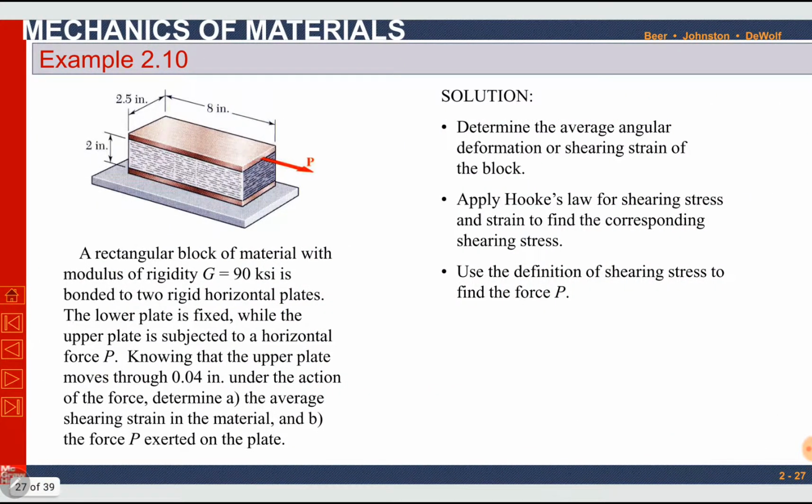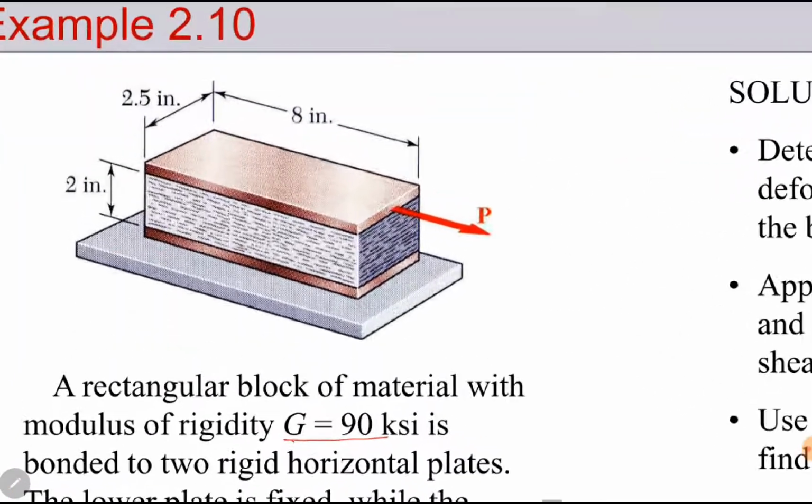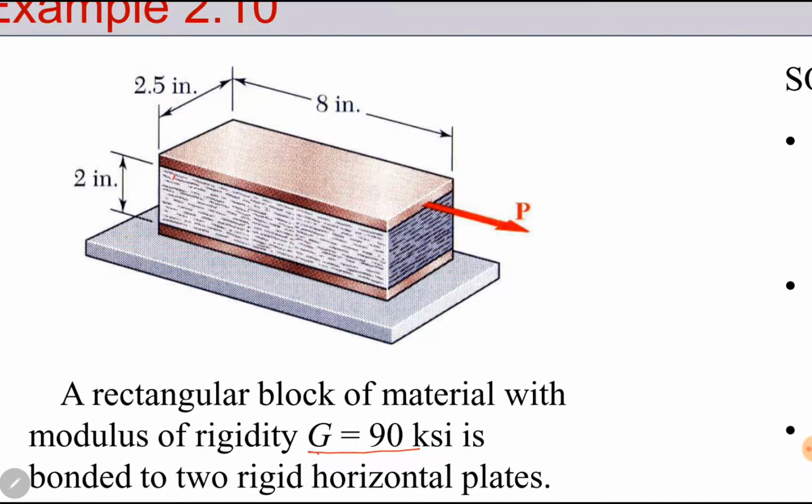There is a numerical problem, a solved example from the book on the topic of shear strain. This is example 2.10. A rectangular block of material with modulus of rigidity equal to 90 ksi, so G is 90 ksi, is bonded to two rigid horizontal plates. You can see here a rectangular block.